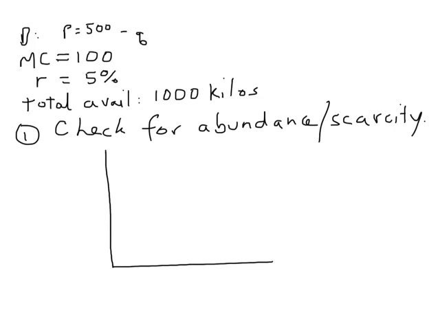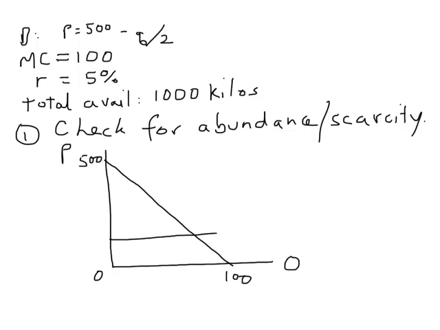You don't have to do any present value of marginal net benefit analysis to do that. So we've got this demand curve with intercepts at 500 and 1,000. P equals 500 minus Q over 2. Oh, I miswrote that. It's 500 minus 0.5 Q, which is Q over 2. Sorry about that. Marginal cost is constant at 100.